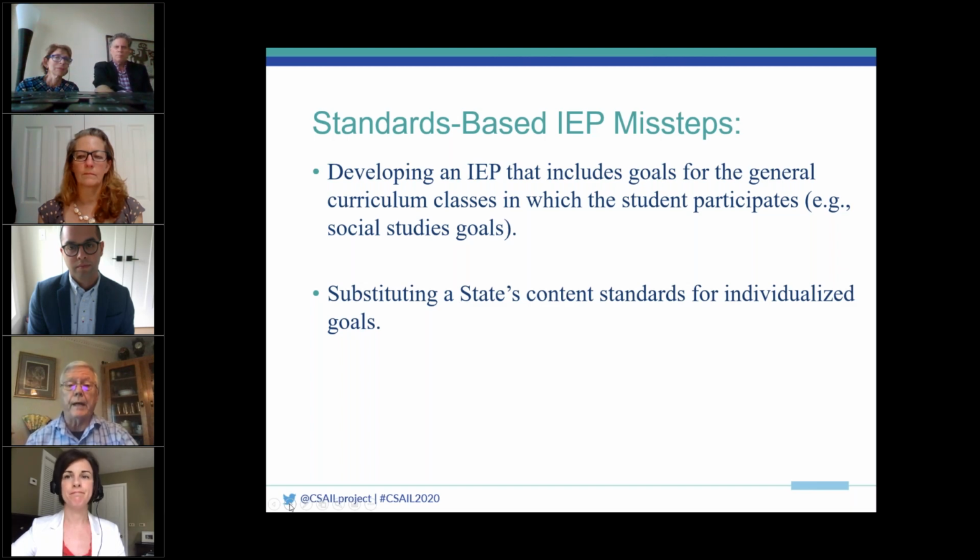And what I mean by that is literally doing a cut and paste, cutting state content standards and placing them in the goals section of an IEP.